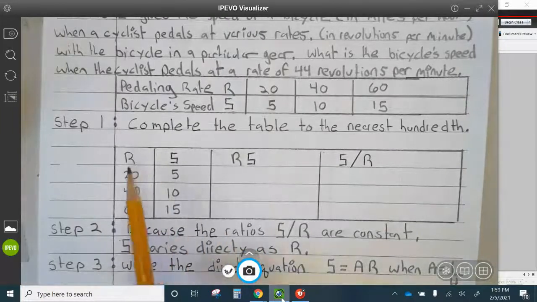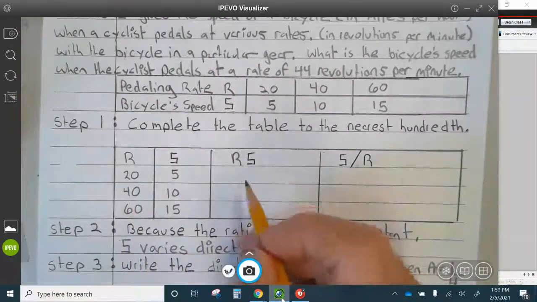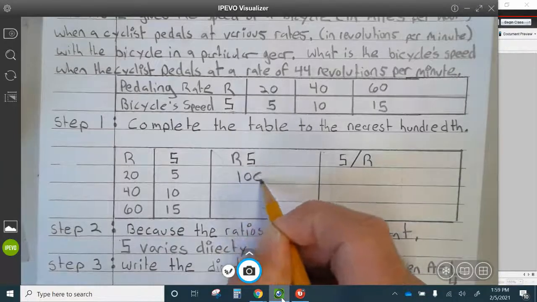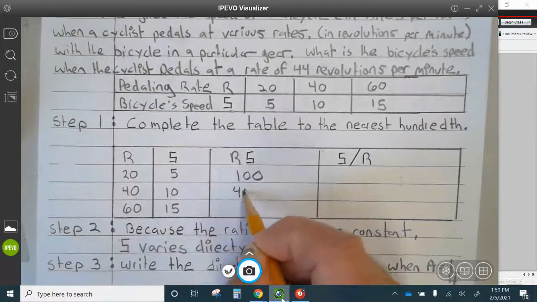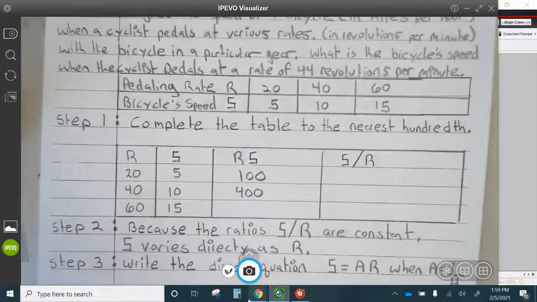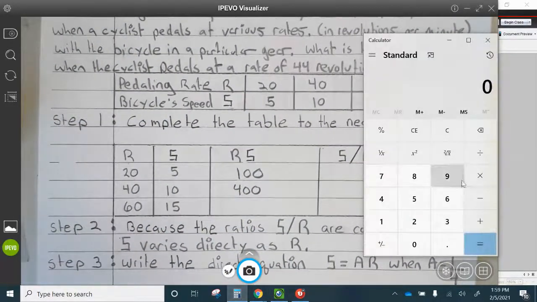All right, so we're going to multiply R times S. Well, 20 times 5 is 100. Okay, 40 times 10 is 400. We can just use a basic calculator for 60 times 15. 60 times 15 equals 900.